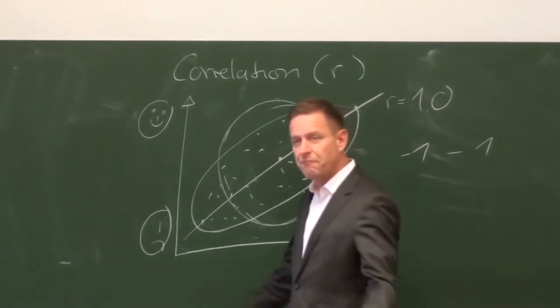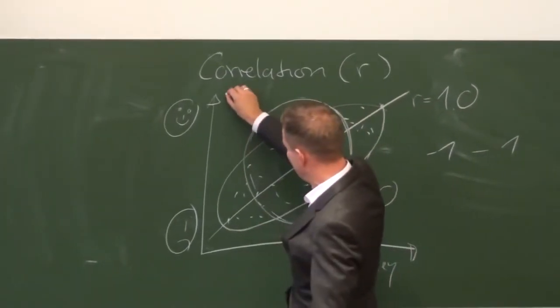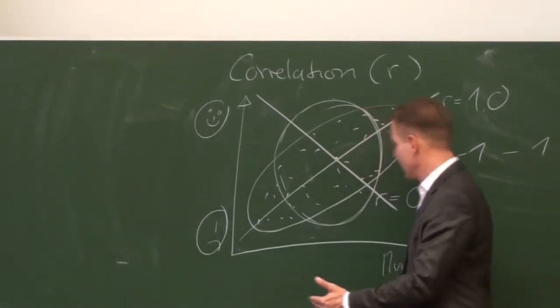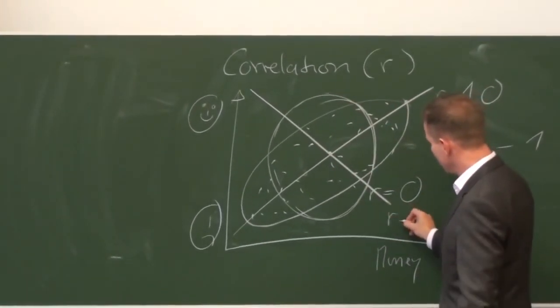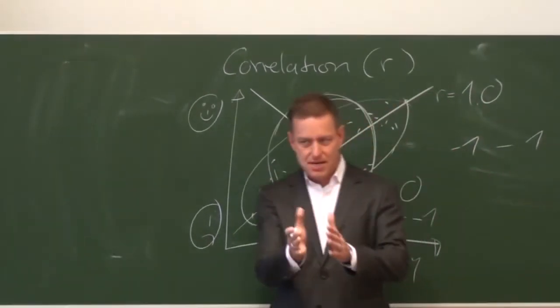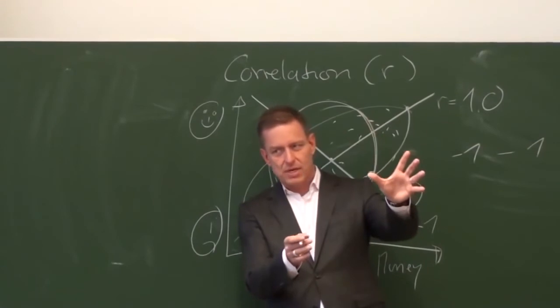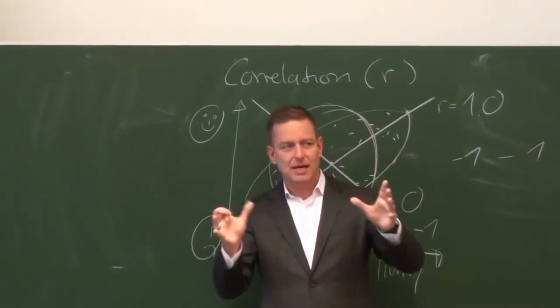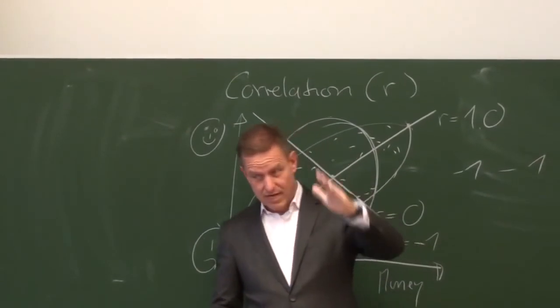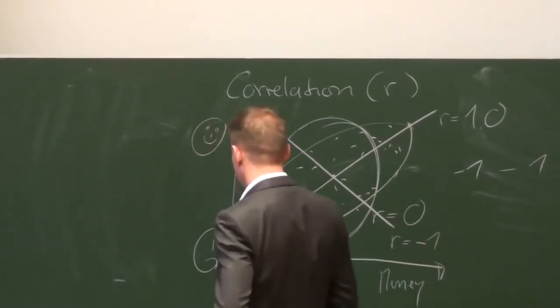If you would find a relation like this, a perfect negative relationship, we would have a correlation of -1. So correlation is always between -1 and +1, telling us how strong the linear relation between two variables concretely is.